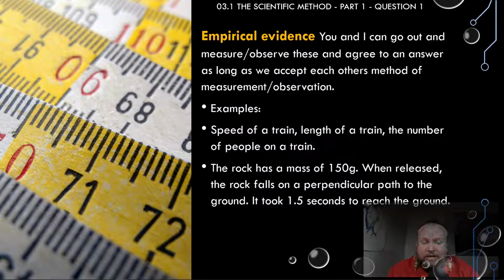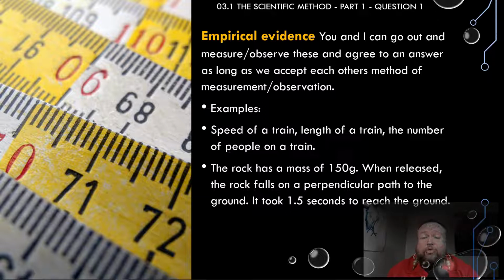So inches to centimeters, all these things, not being presumptuous, but clearly communicating: this is how I've observed it, this is how I've measured it, this is the tool that I've used, so that someone else can go and do that, and they can also verify that data. And that's going to be important when you have that evidence. It's not just me making this claim. I can say, here's my argument, here's the evidence I found for it, and these are the measurements, and this is how I went about doing this.